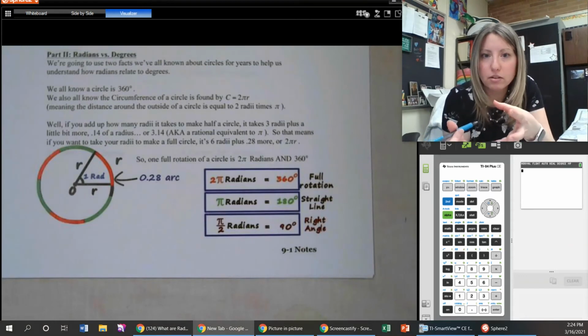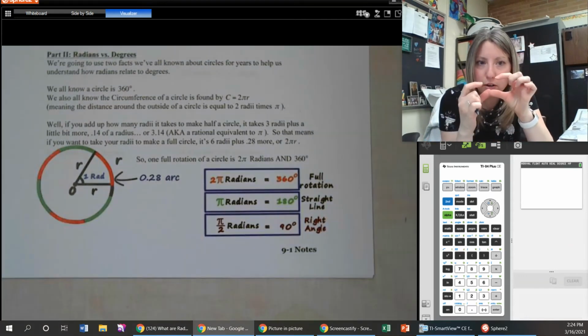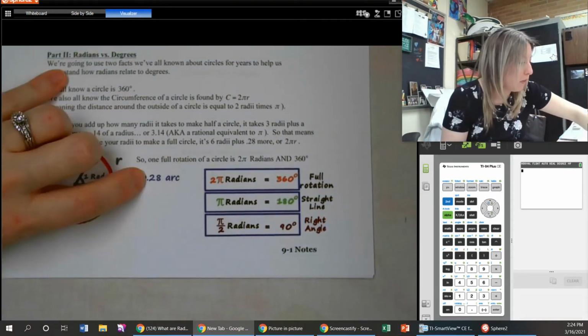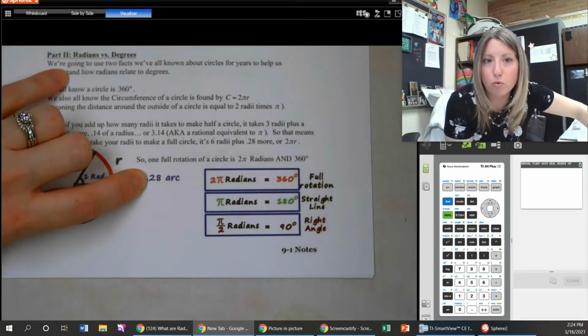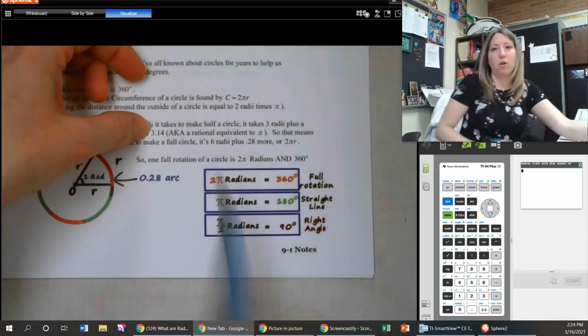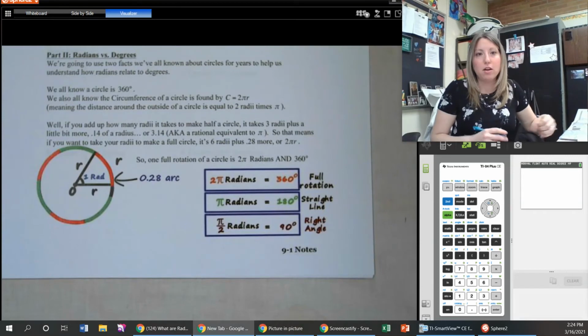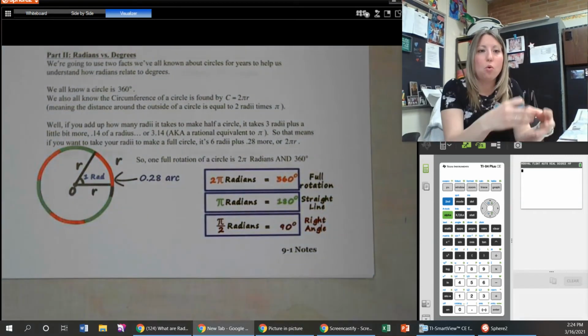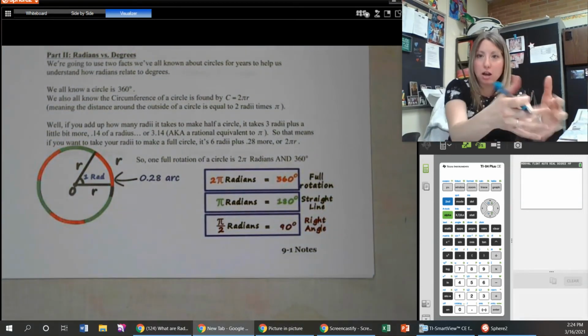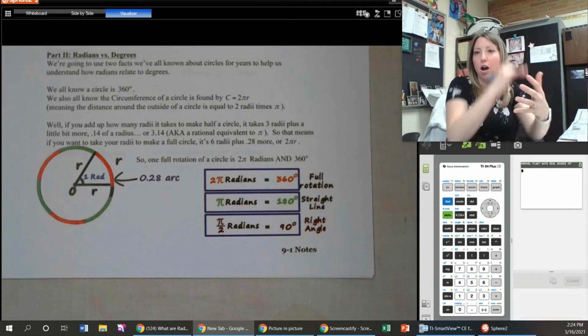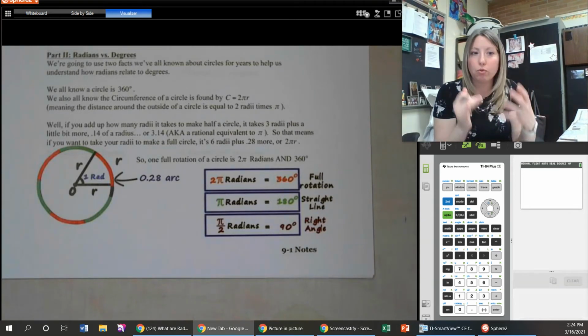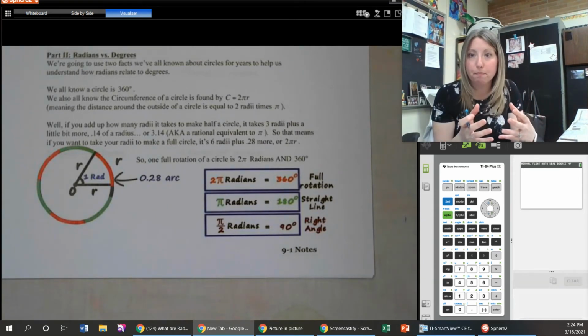Think about what that little bit left is. 28 divided by 2 is 14. There's your 0.14. Okay, so that's why we say we get pi times 2, making up a whole circumference of our circle.